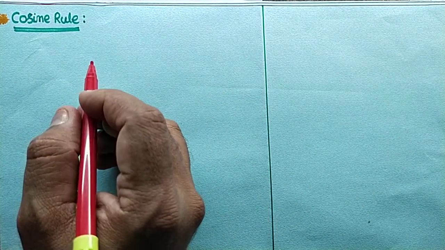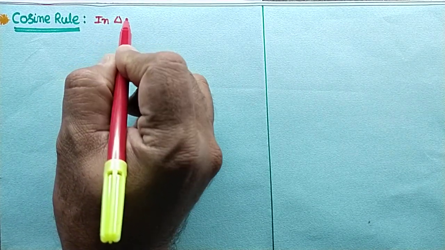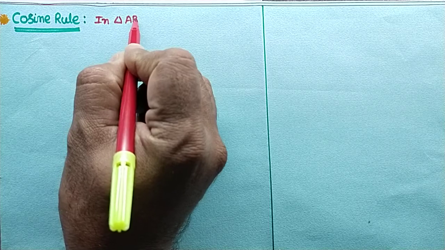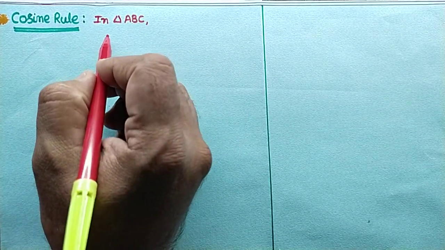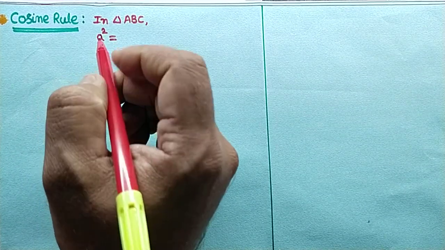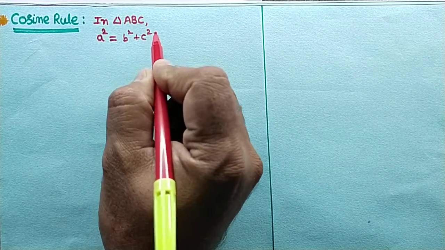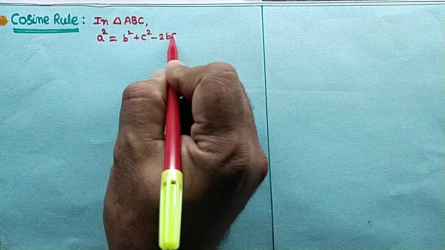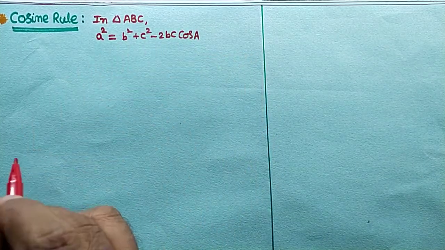First, you have to write the statement of cosine rule. In triangle ABC, a square equal to b square plus c square minus 2bc into cos A. Here capital A means angle.